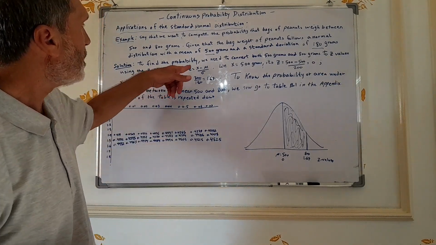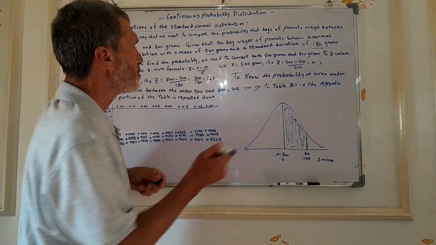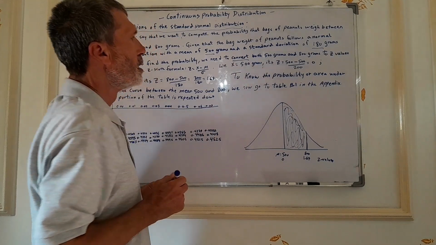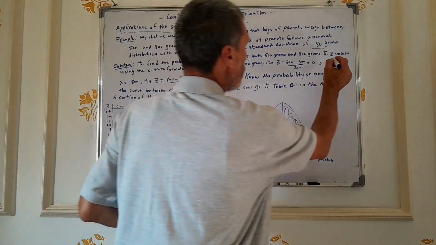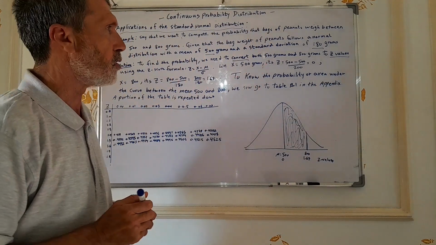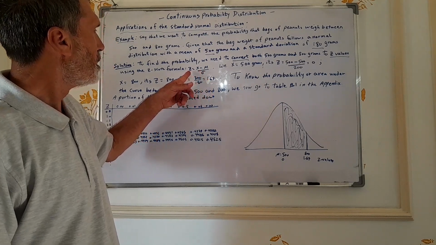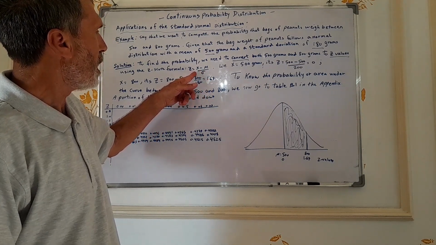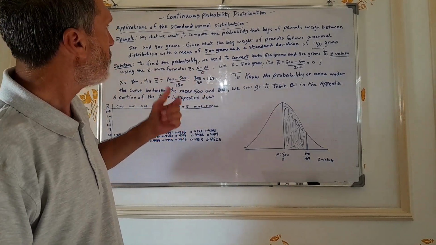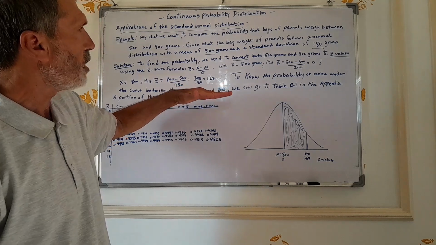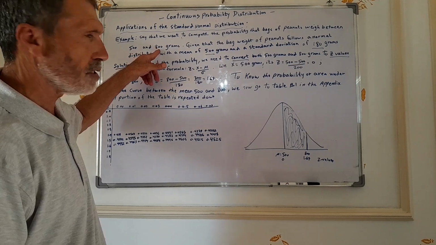We need to convert both 500 grams and 800 grams to z values, using the formula we discussed, which is z equals x minus mu over standard deviation. We calculate the z for both values, 500 and 800 grams.